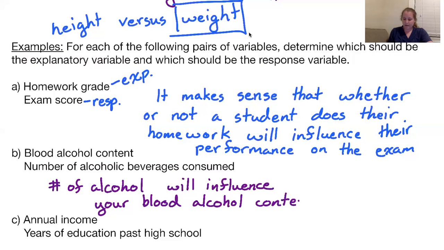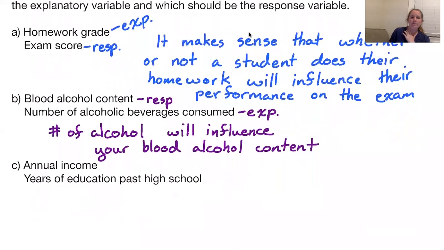In fact, your blood alcohol content is more or less a direct measure of how many beverages you had, and then also the time that has passed, and your weight are influences as well. So in this case, your blood alcohol content will be the response, and the number of alcoholic beverages will be the explanatory variable.